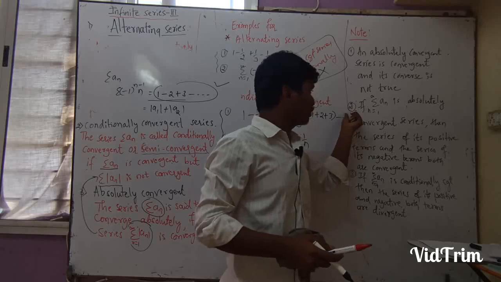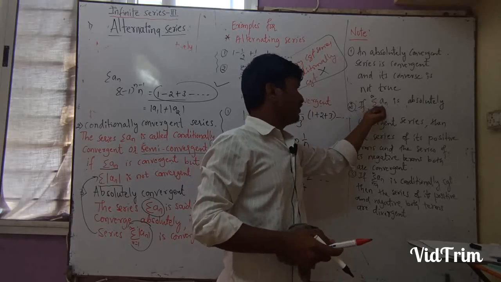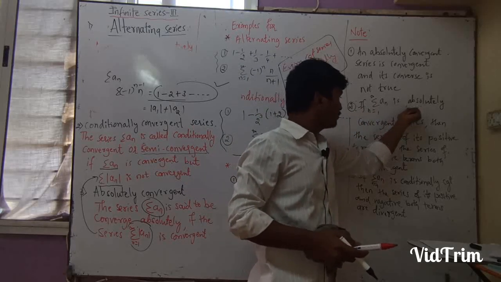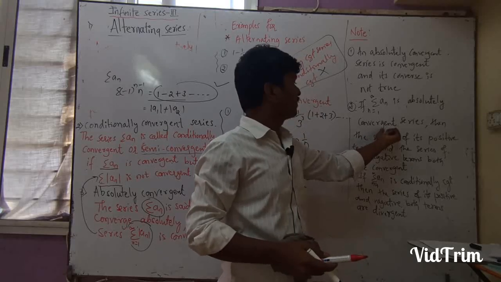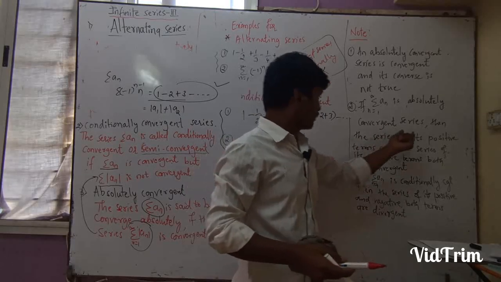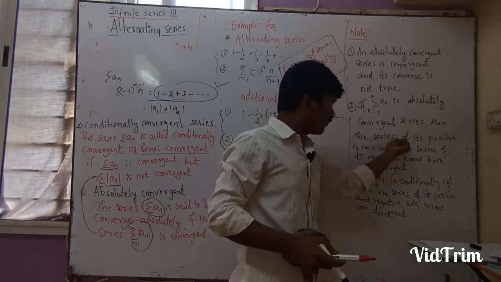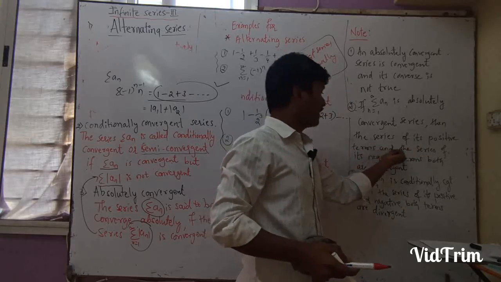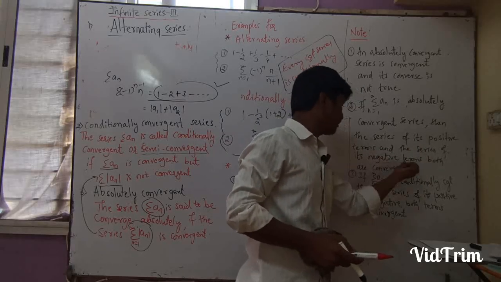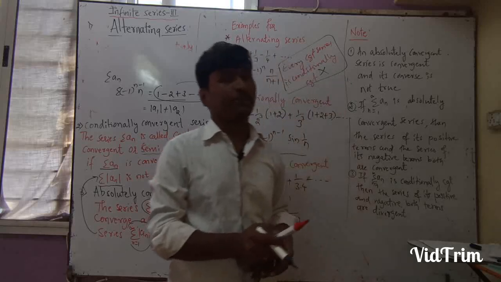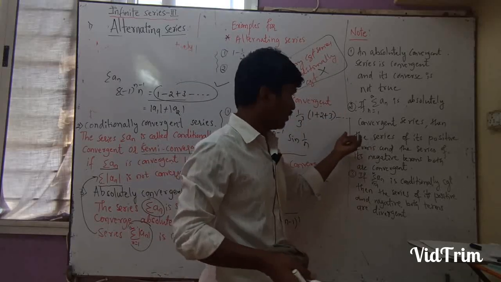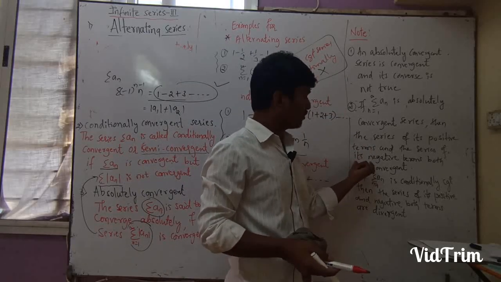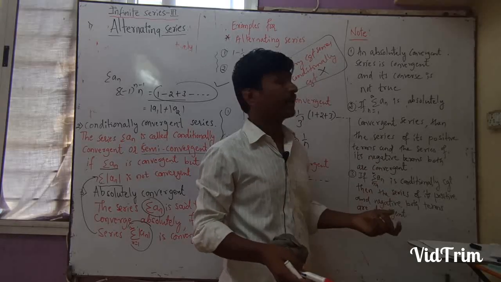Second note: if summation an is an absolutely convergent series, then the series of its positive terms and the series of its negative terms are both convergent. A very important note. This can be a one mark question in the KUD entrance examination.